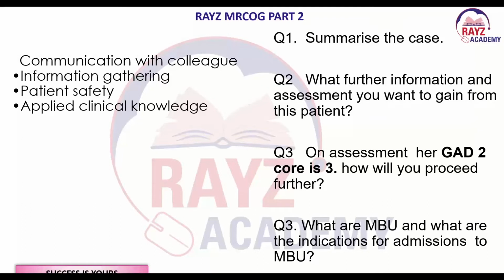And then you can say at that time that since she's a late booker, I'll get all the booking tests done at present, and also a scan done for her, and the Down syndrome screening by the quadruple test. Okay.